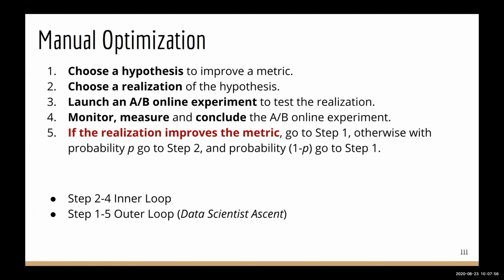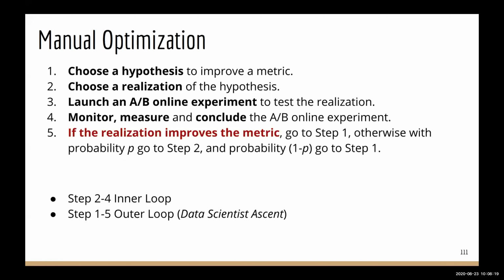You name it, these folks have the pool of ideas. The second step, again, is manual, where you choose a particular realization, and that realization may or may not work out in the A/B testing, but you have to work it out.